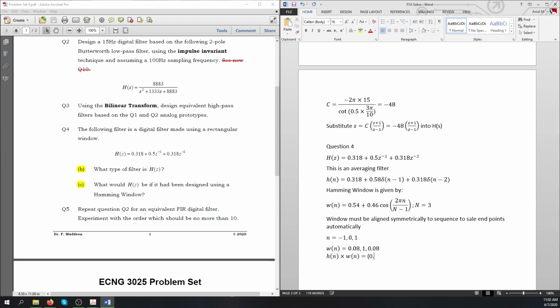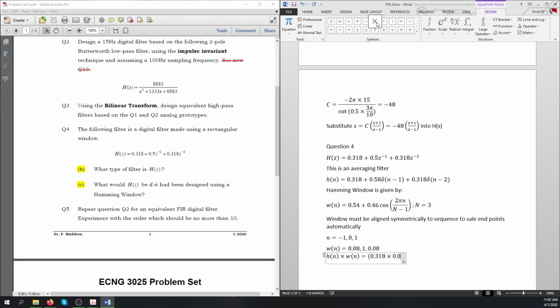So this will be 0.318 multiplied by 0.08, 0.5 multiplied by 1, and 0.318 multiplied by 0.08.